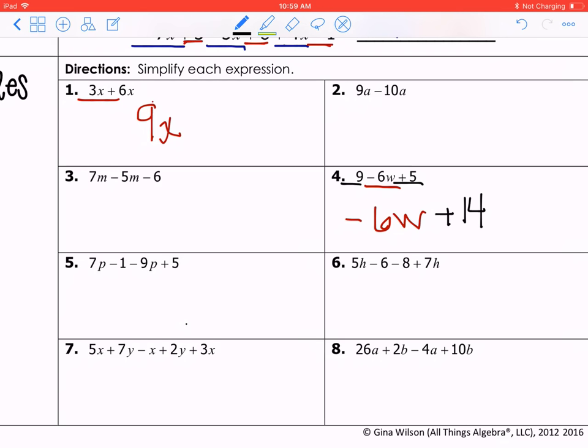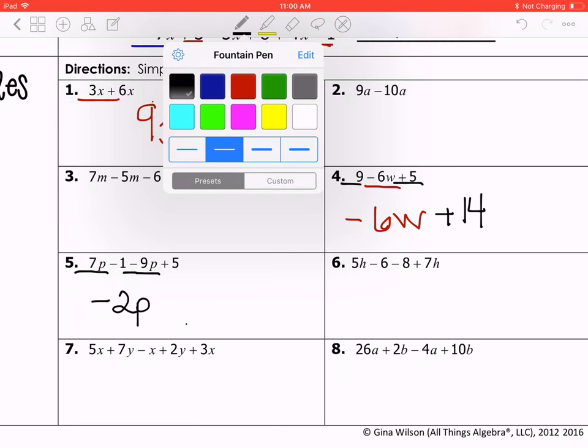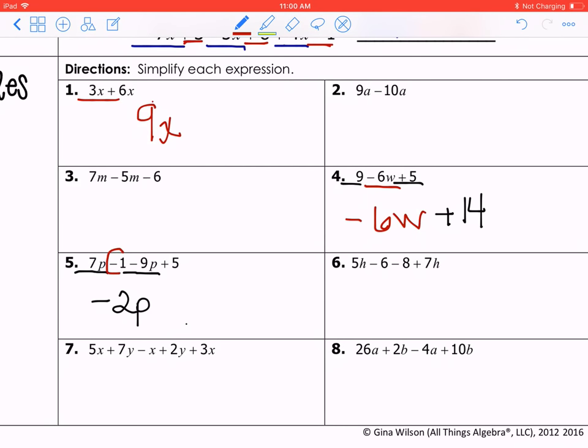Okay. Looking at number 5, we have constants and variables. Right now we have 4 terms. So I'm going to start with the p's and combine them. I have 7p, and that sign stays with it, minus 9p, which is a negative 2p. And then our constants of the negative 1, oops, I didn't mean to cover it, plus the 5, which we know is positive 4.